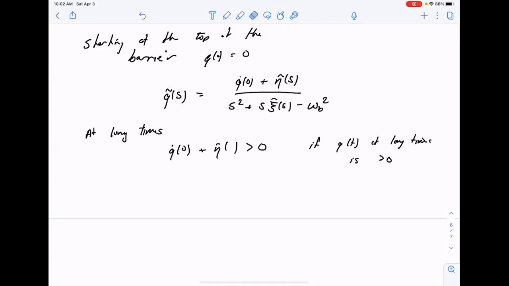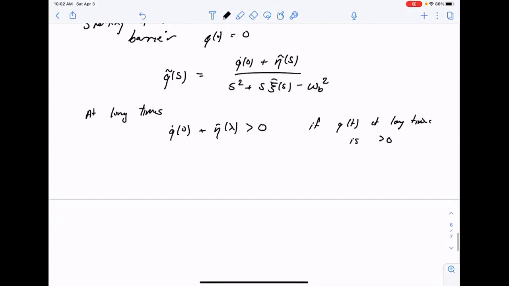This is evaluated at some lambda, where lambda is the frequency associated with the fastest growing mode.